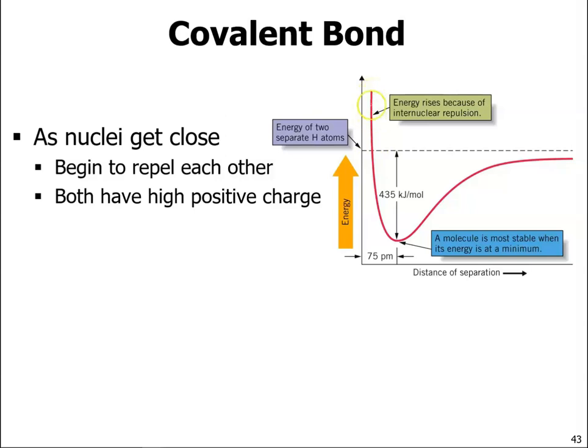And then this energy rises a lot because it would require a lot of energy to fuse these together, to push those protons together into one group that would then essentially create a new element. If we, for example, push two protons together, then that would be helium instead of hydrogen.